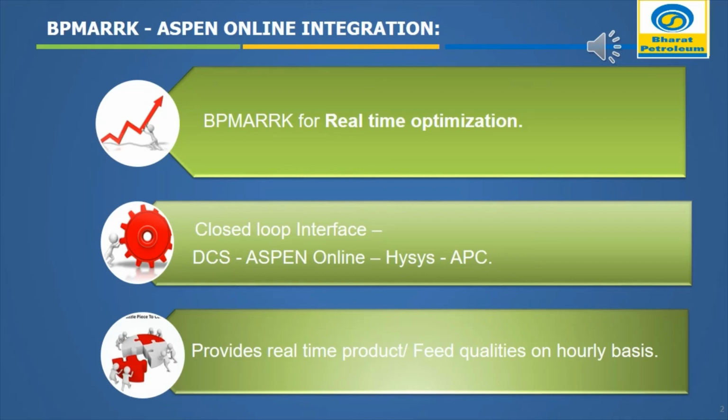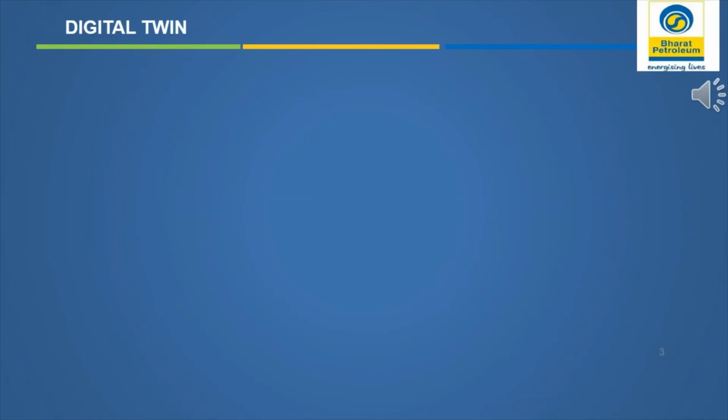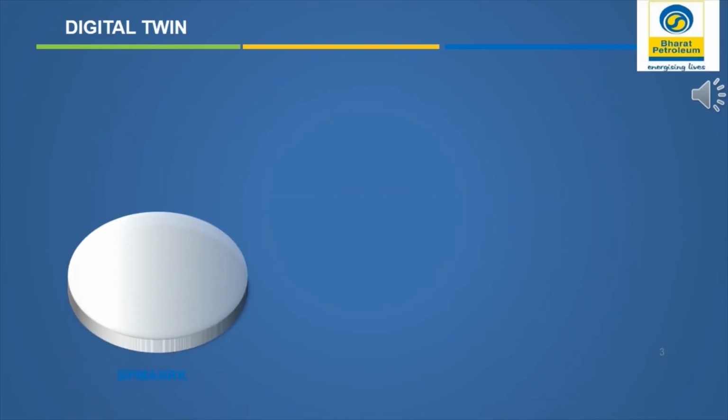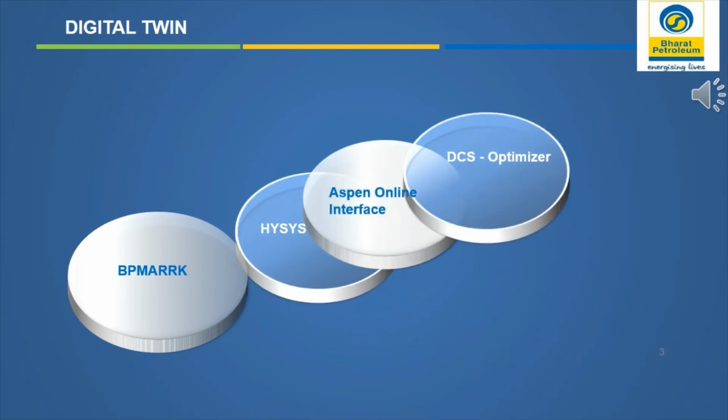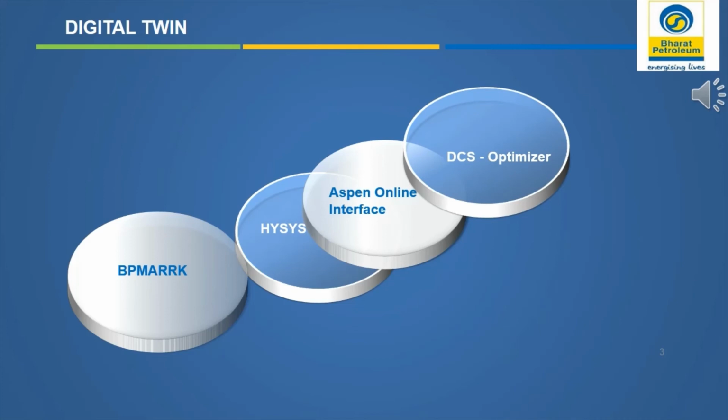The simulated model predicts the final model and also feeds the qualities of other process units every 1 hour and writes back the data to DCS. The digital twin model uses Aspen Online, which acts as a bridge between HYSYS simulation and DCS optimizer. The simulated results are used as inferential by machine learning for real-time optimization.